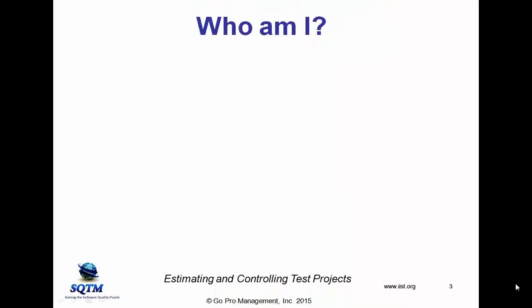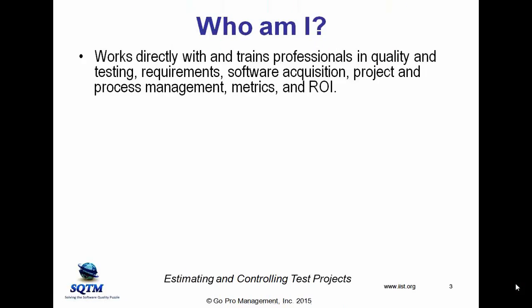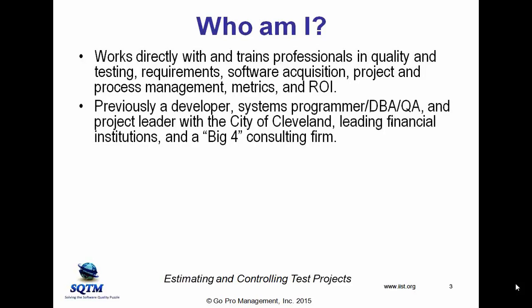Let me tell you a little bit about who I am. I work with and train professionals in a variety of areas, which I see as related to enabling people to get what they need and get it right. Not just quality and testing, but also requirements, project and process management, metrics, return on investment, software acquisition.